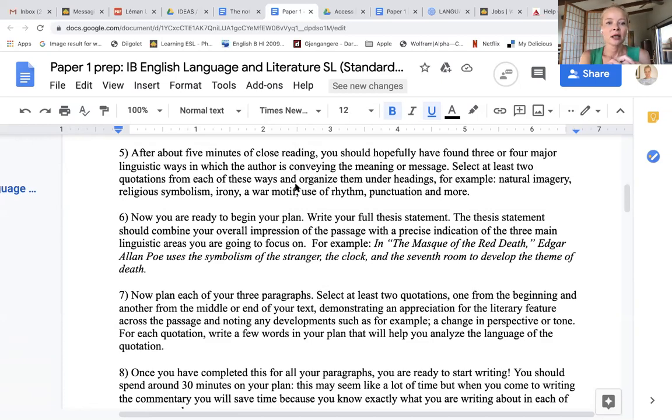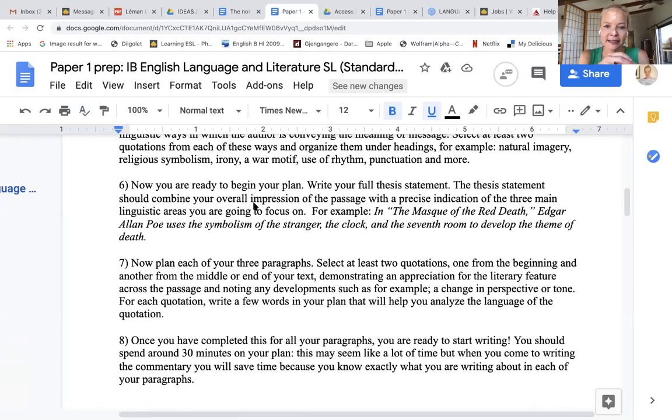For example, religious natural imagery is one thing. Religious symbolism, ironies. There are ironies throughout the text. Is there a war motif? Or is there rhythm, in a poem, or even other texts can have a rhythm. There's lots of things to comment on. Just look for patterns. What does this particular text have that you notice?